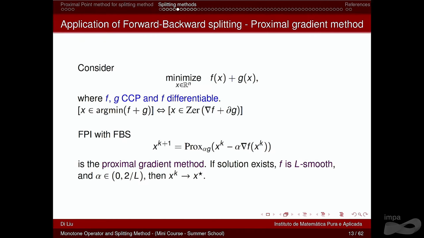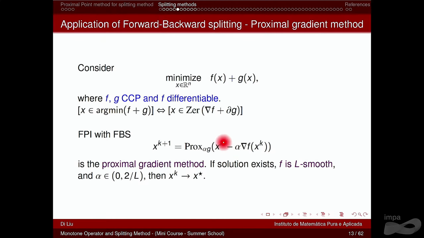But here we want to use the FBS, okay? We regard the gradient of f as the operator A and the subgradient of g as the operator B. Because f is differentiable, the subgradient becomes the gradient, so it is single valued.